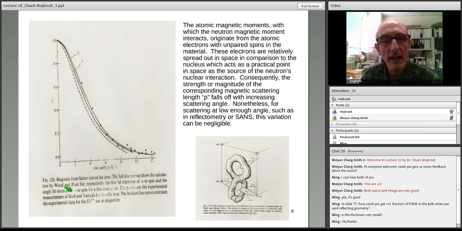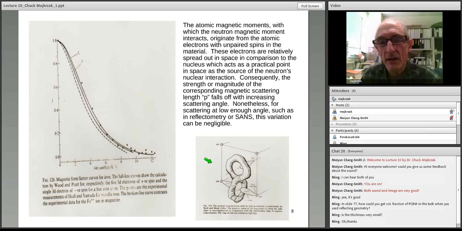Just want to mention that we usually treat in reflectometry in the low Q limit the material potential as a continuum, and therefore the scattering length density for the nuclear interaction is constant. But in fact, if we go to high enough wave vector transfer, the magnetic scattering length density actually falls off with increasing Q. And that is because, unlike the nuclear scattering, which is concentrated in a tiny, tiny volume compared to the unit atomic cell, it's in the nucleus, 1,000 times, 3 orders of magnitude smaller volume of that order, this is spread out across the unit cell.